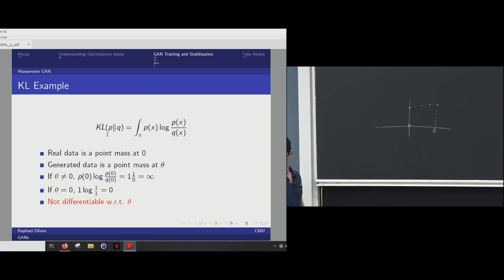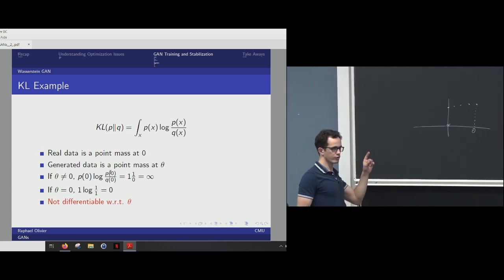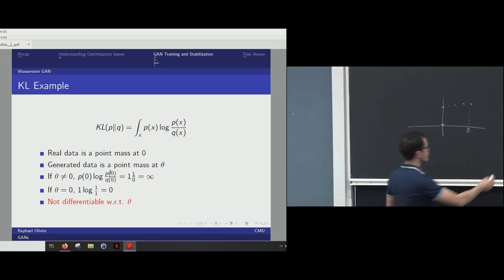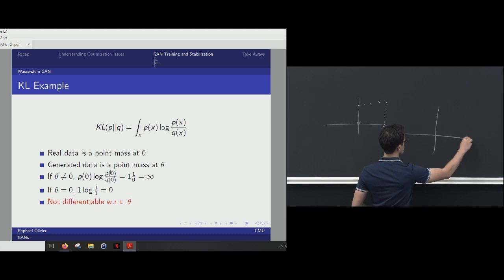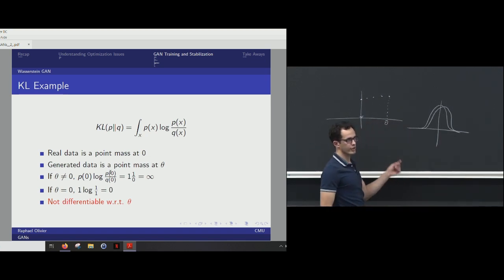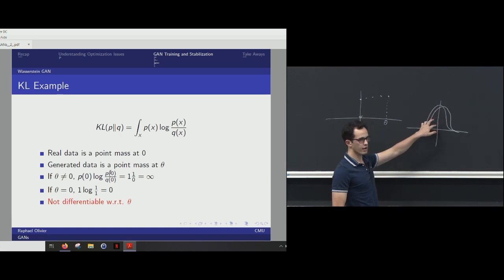So why is that? It's because you have this log term, this division term, that just looks at the mass that's in common between the two distributions. So for example, if you've got two Gaussians that are like that, then under KL divergence, they are close because there's a ton of area in common under the curves.